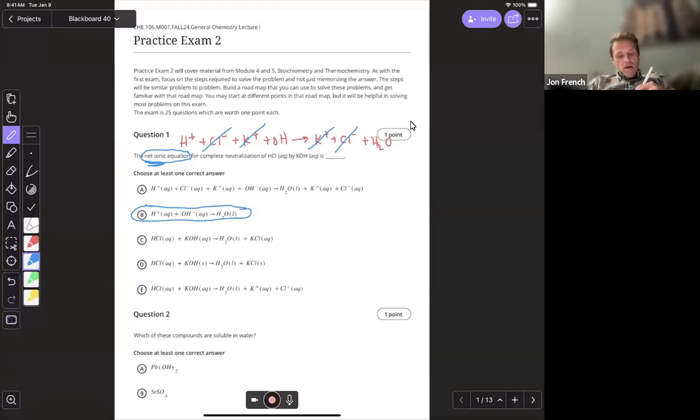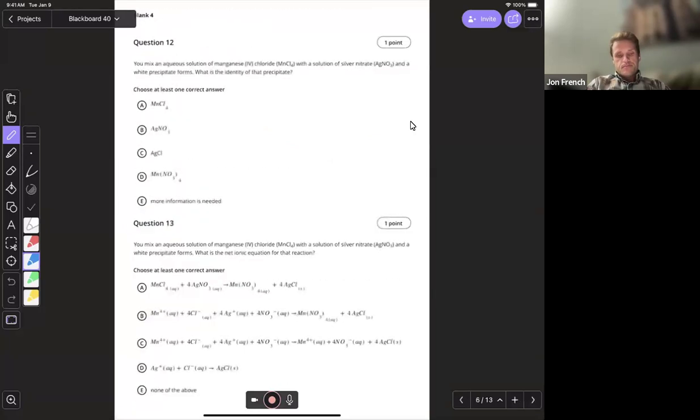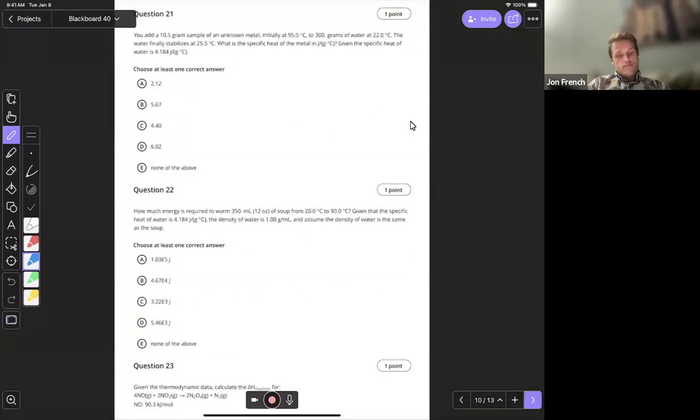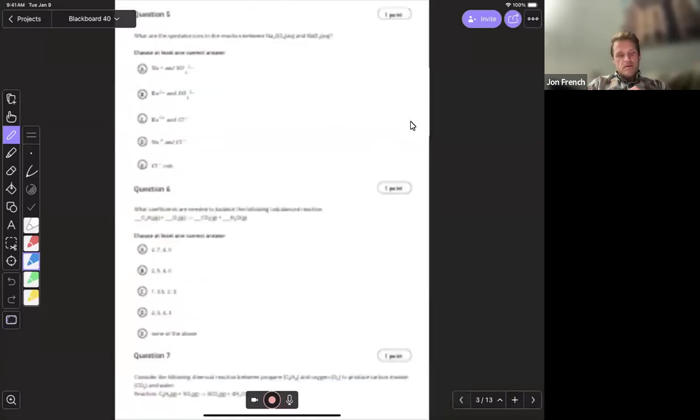Which of the following compounds are soluble in water? We've got lead hydroxide, strontium sulfate, sodium sulfate, mercury chloride. If we go to the solubility table, which is not here, my mistake.